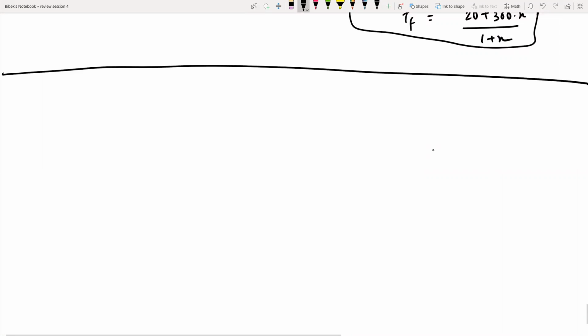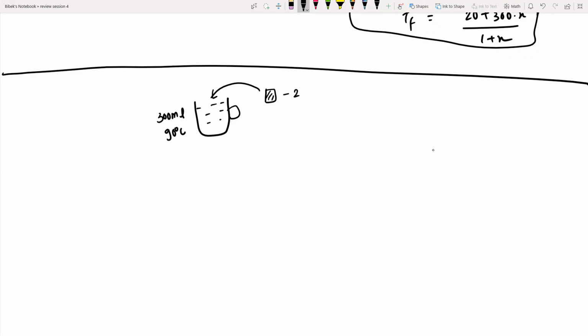Okay, so this is your cup of coffee, and the coffee was 300 milliliters and was at 90 degrees centigrade when you served it. And you added some ice cubes at minus 20 degrees centigrade.